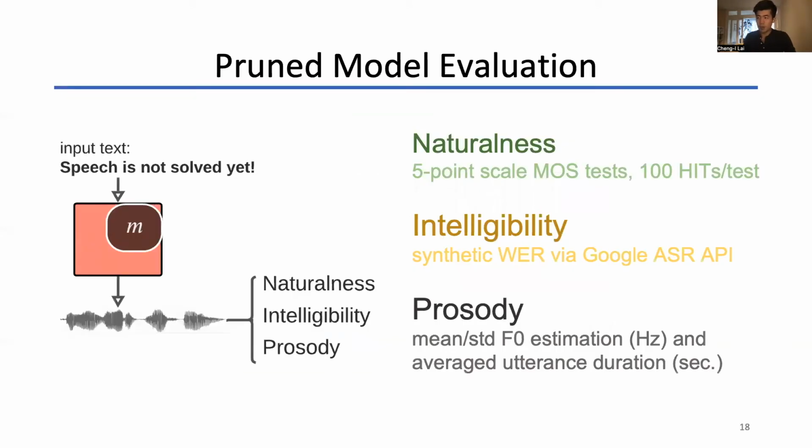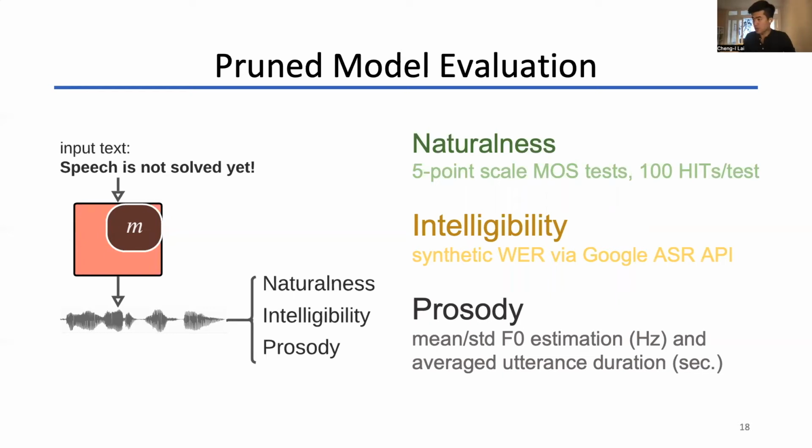The pruned models' synthesis is then evaluated for naturalness, intelligibility, and prosody. Naturalness is quantified by a 5-point scale MOS test. For intelligibility, we pass the synthetic speech to a Google ASR API to get the synthetic word error rate.